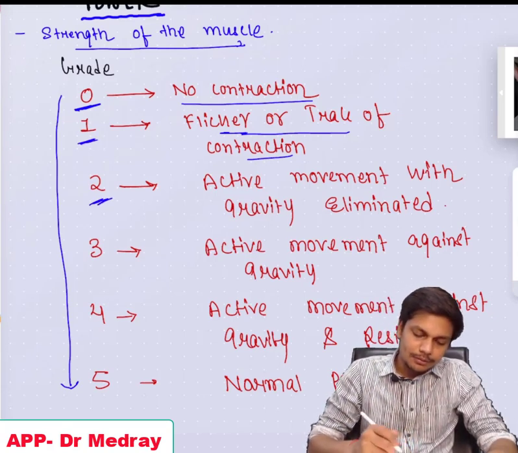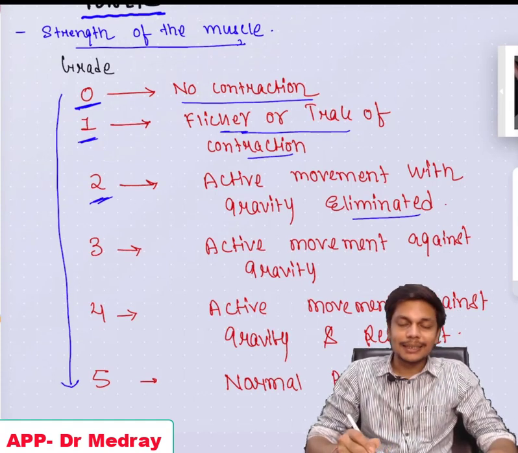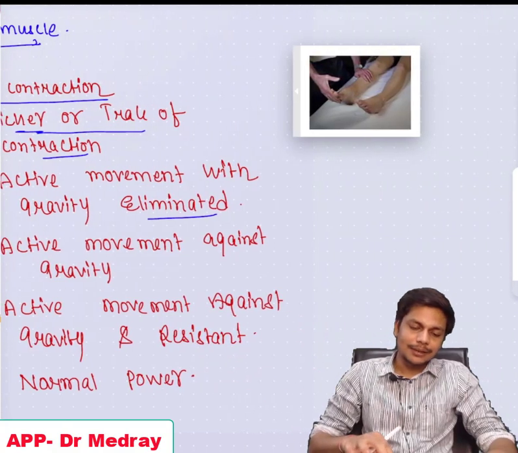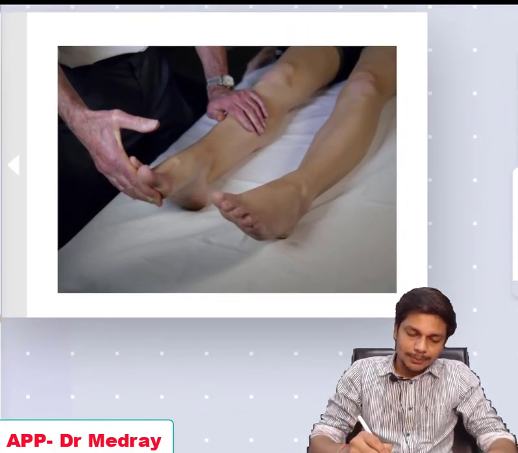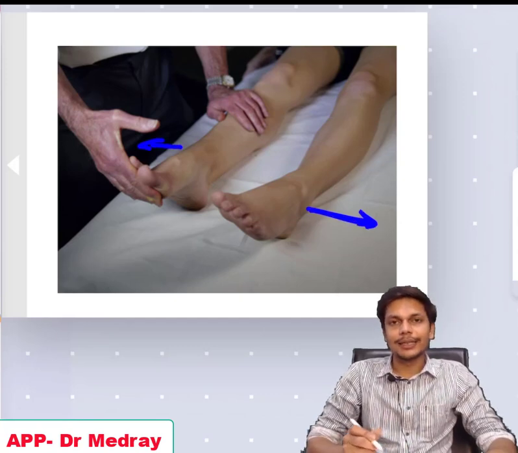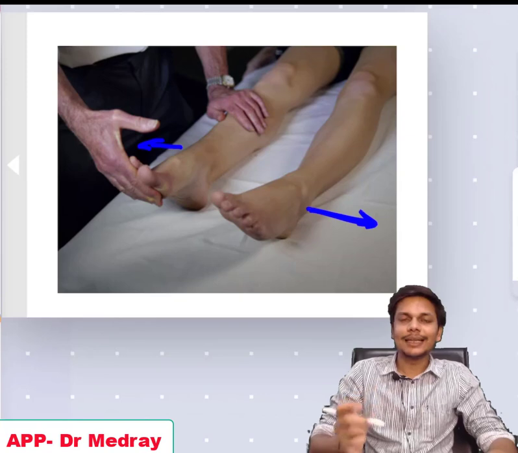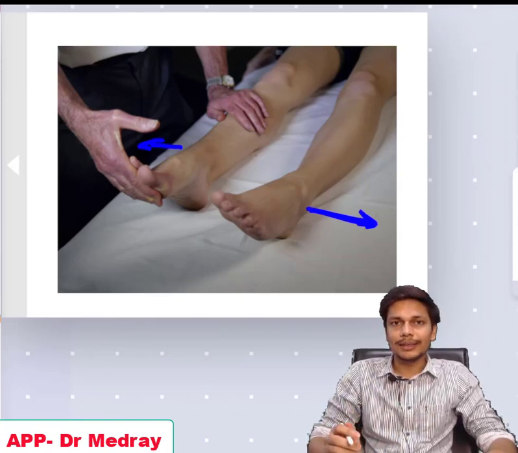The power will be 2 if there is active movement with the gravity eliminated. What I mean to say here, you can see an image of the bilateral lower limbs of the patient. If the patient is able to move his leg laterally along the bed, just slide his leg along the bed, that means that gravity is not working here.